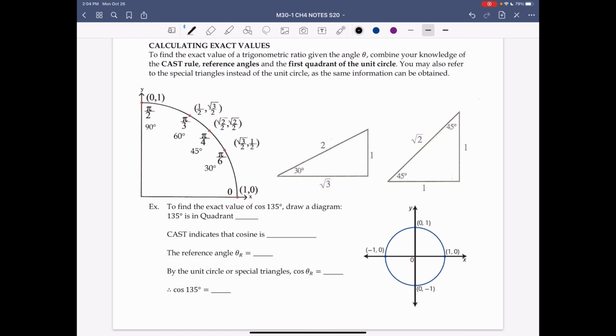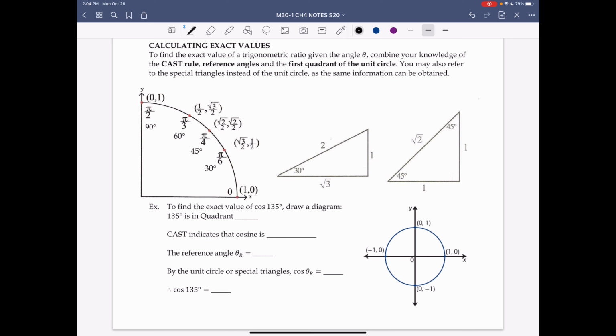Calculating exact values. To find the exact value of a trigonometric ratio, given the angle theta, combine your knowledge of the CAST rule, reference angles, and the first quadrant of the unit circle. You may also refer to the special triangles instead of the unit circle, as the same information can be obtained.